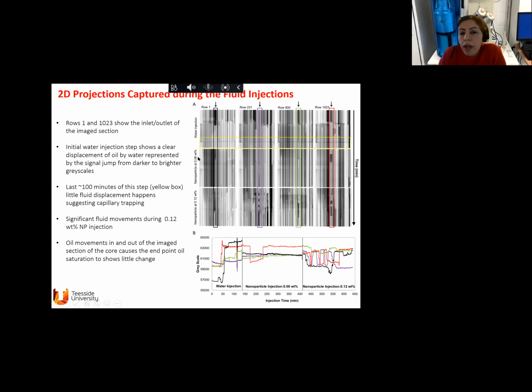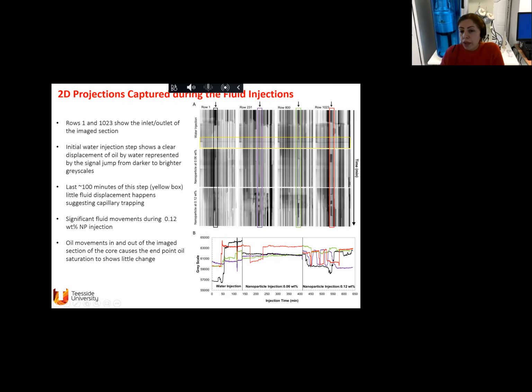Then we look at the low concentration nanoparticle injection, this middle section. It's not showing a lot of dynamics apart from this random droplet that is moving. But when you look at the higher concentration nanoparticle injection, you can see quite a lot of dynamics being captured. You can see the droplets moving in and out at different points in the core.